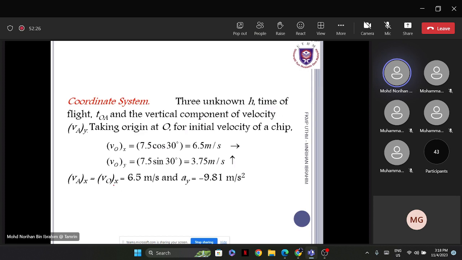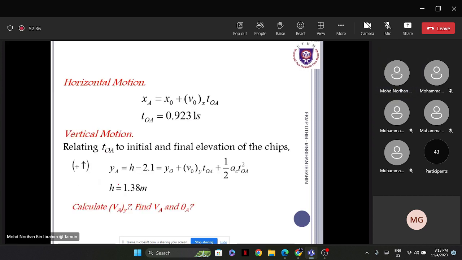So the initial and the final have the same horizontal velocity. Once we consider all the horizontal components of velocity, there are two equations that we used. Having used them, we get more detailed information. You can find the time of flight from O to A and so on.